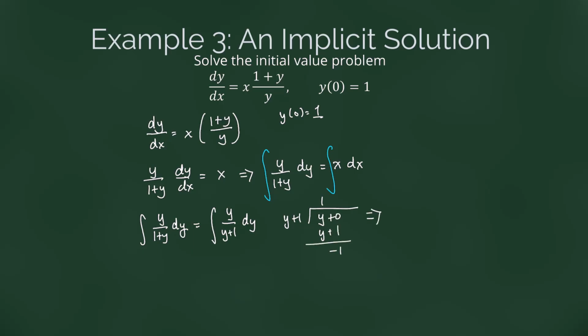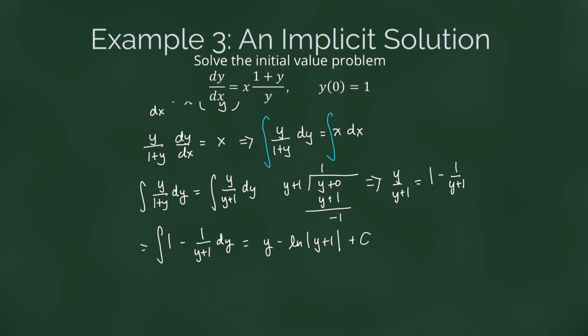So y over y plus 1 is the same thing as 1 minus 1 over y plus 1. So this becomes the antiderivative of 1 minus 1 over y plus 1 dy, which, antidifferentiating that, we're going to get y minus the natural log of the absolute value of y plus 1.